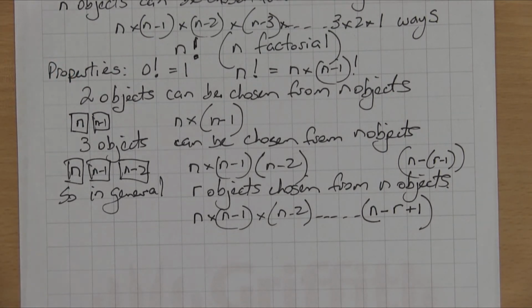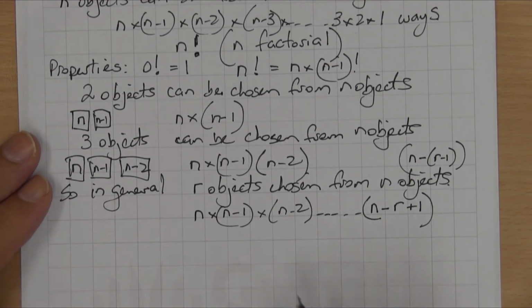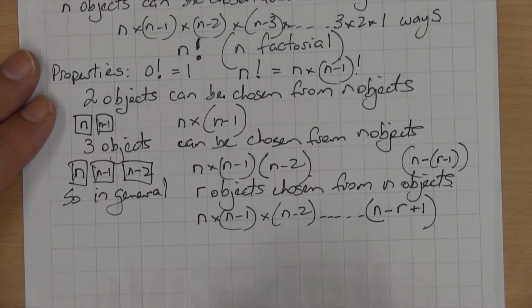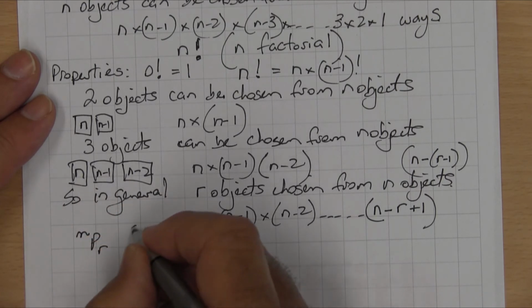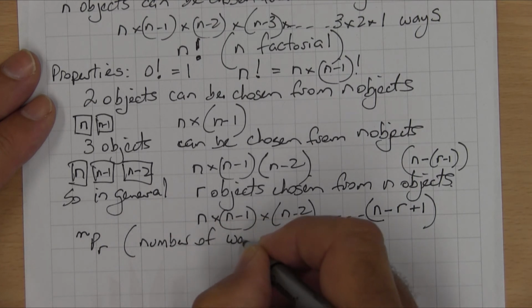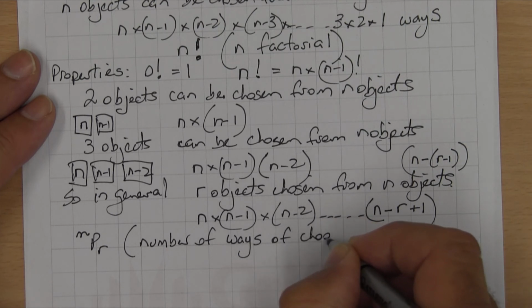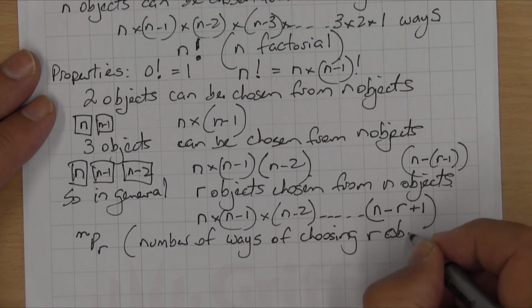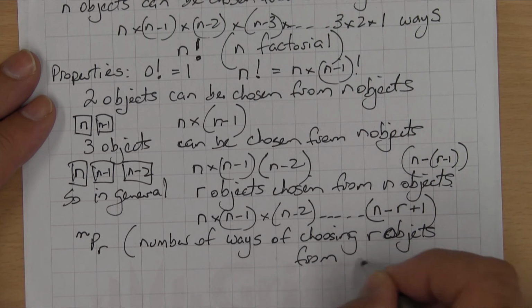Okay, so we can now get a definition for what we call nPr. nPr is the number of ways of choosing r objects from n objects.